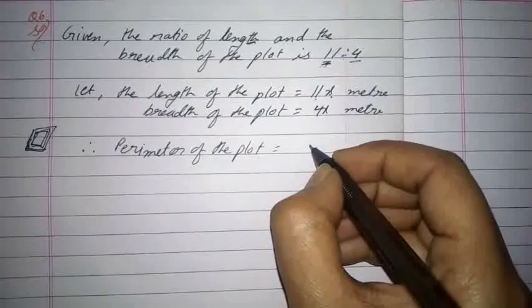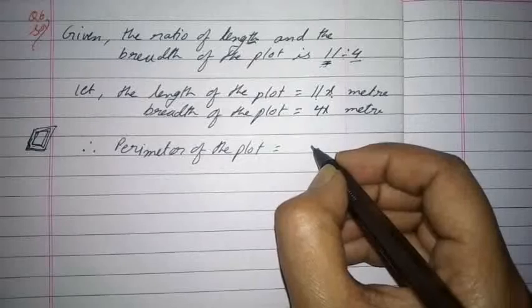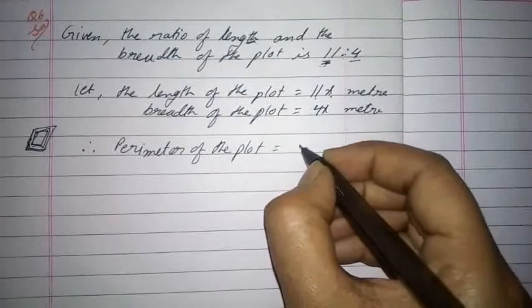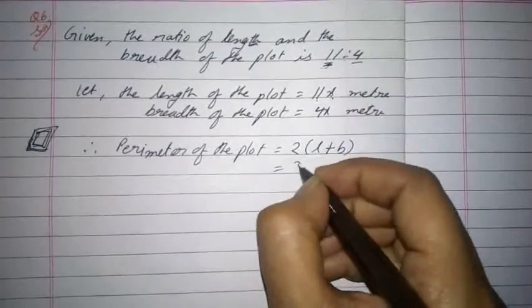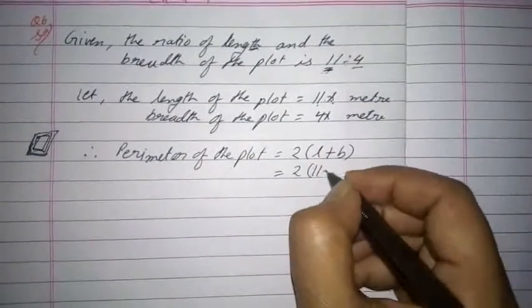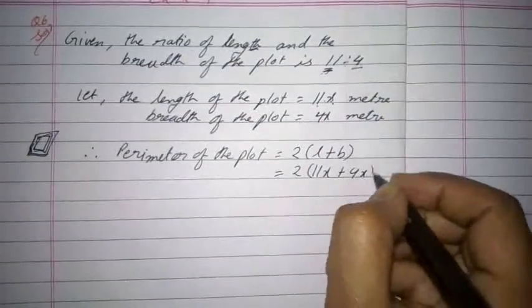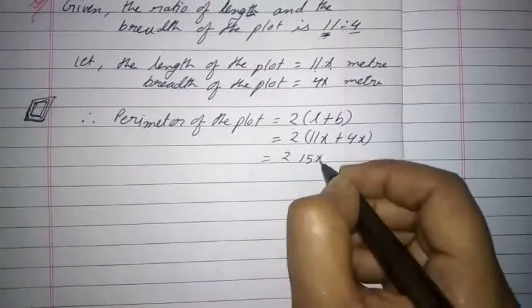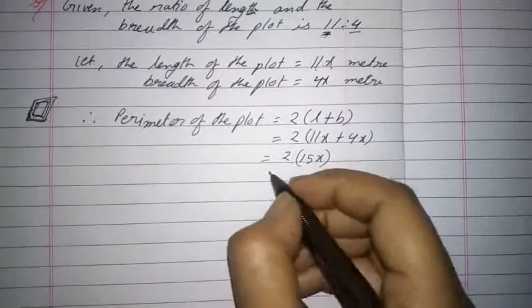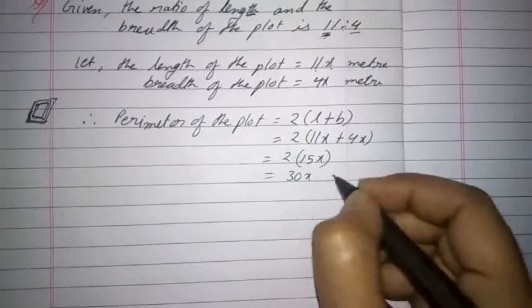Perimeter of the plot, what is the formula for perimeter of rectangle? 2 times (length plus breadth). Here length is 11x and breadth is 4x. So 11x plus 4x is 15x. So 2 into 15x is 30x meter.